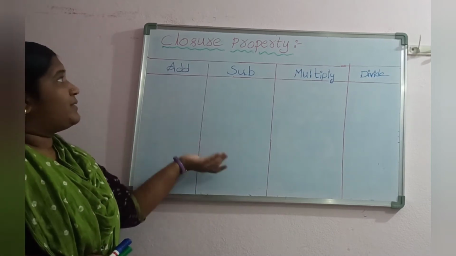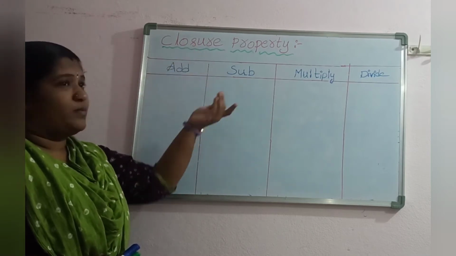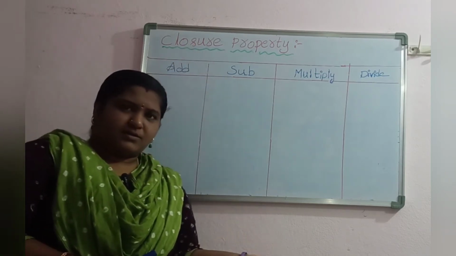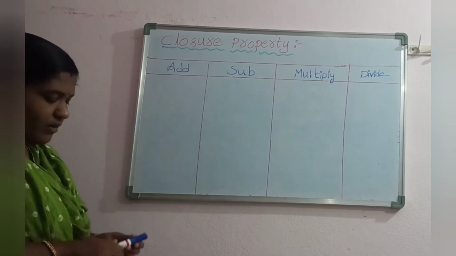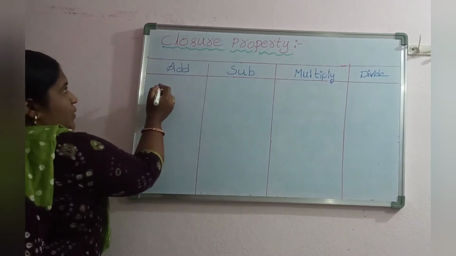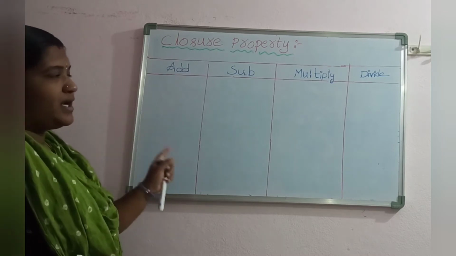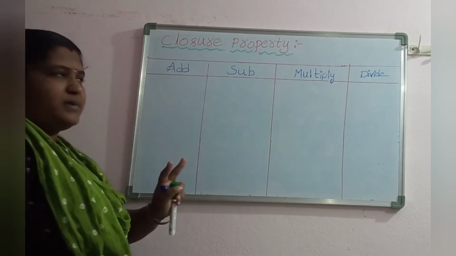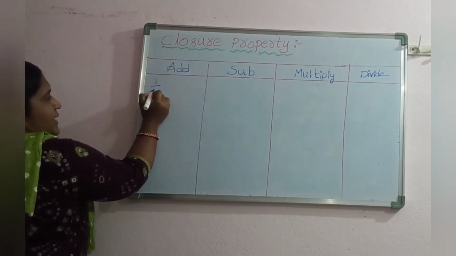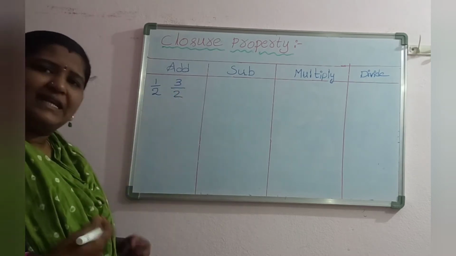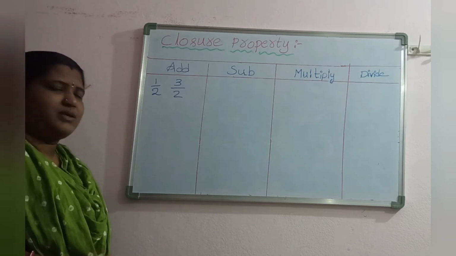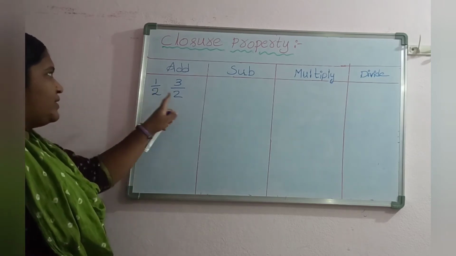Whether the rational numbers are a system obeying the closure property or not, let's test it. For this we need two rational numbers like 1/2, 3/2, or 2/2, 4/5, any two rational numbers you can take. Take 1/2 and 3/2.